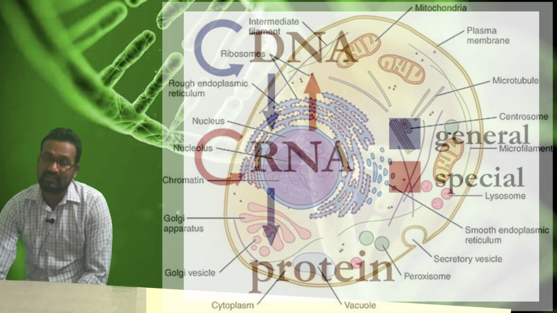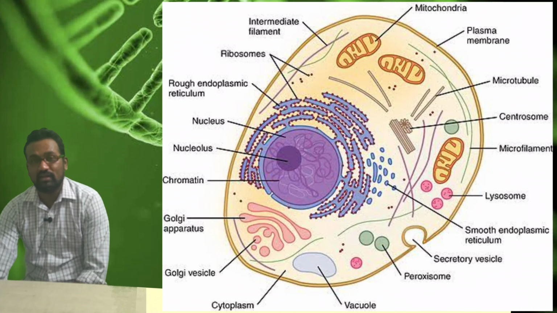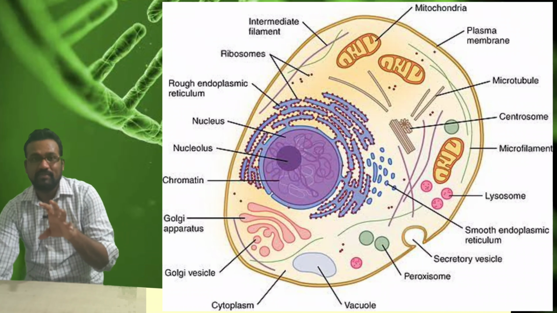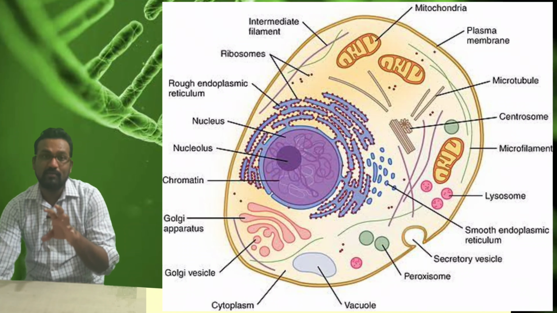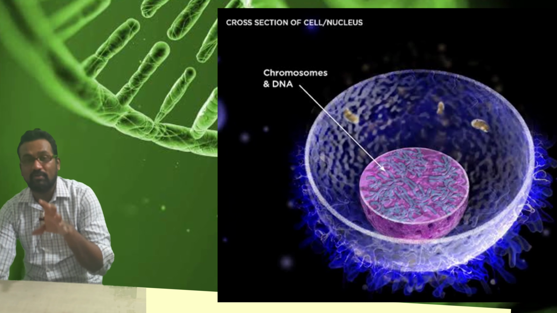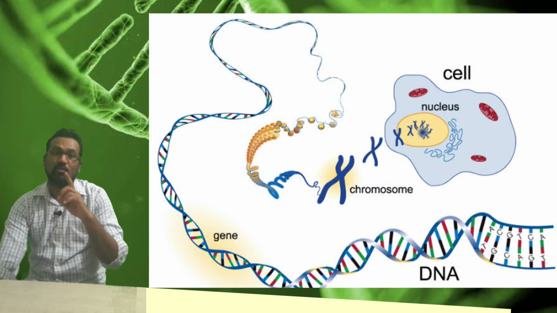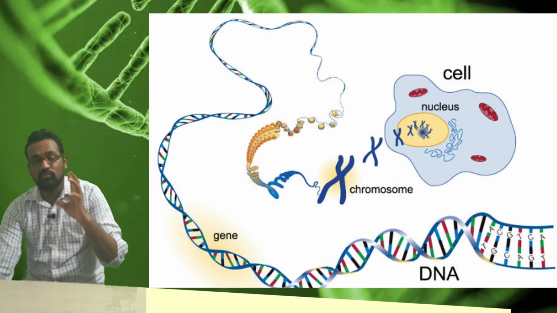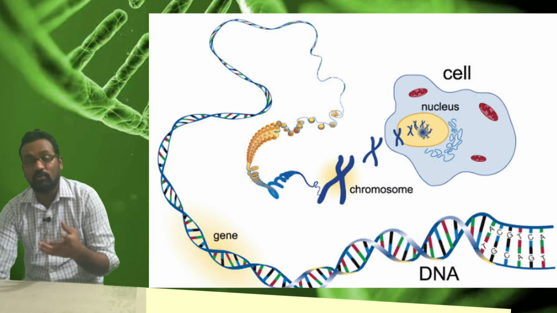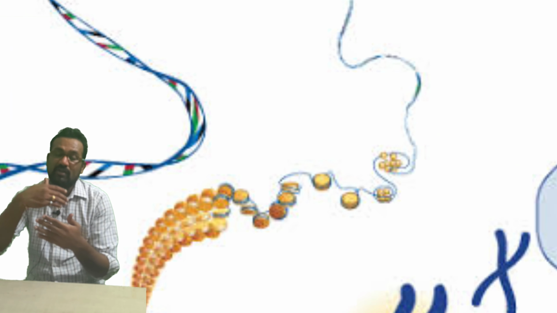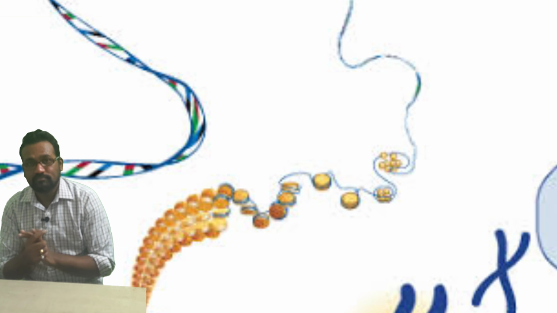Because if you look at the cell, it has many organelles. Out of the other organelles, the nucleus is one of the most important, because inside the nucleus you have your DNA. DNA is present in the form of coil and supercoil structure. This supercoil structure consists of DNA wrapped around the histone protein.